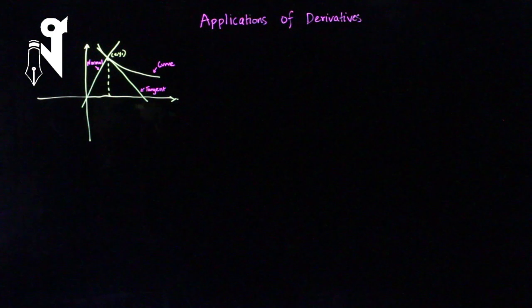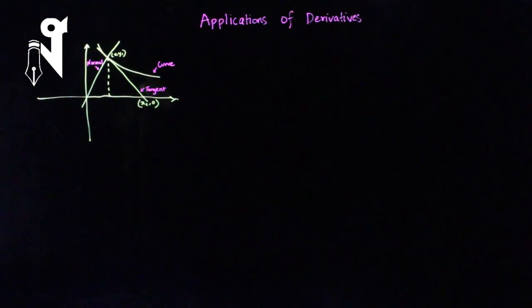Now the length of the tangent mentioned in any question is the distance of the point x1 comma y1 from the point where the tangent intersects the x-axis. Let's call this point xc comma 0.